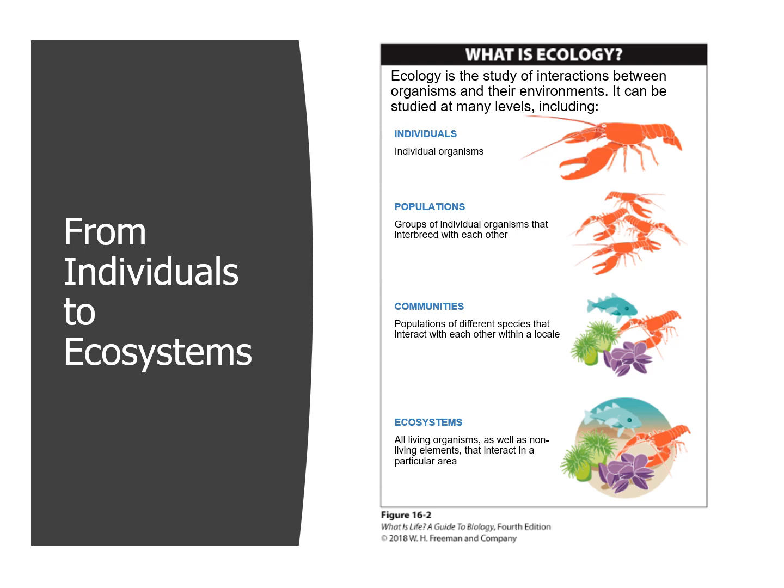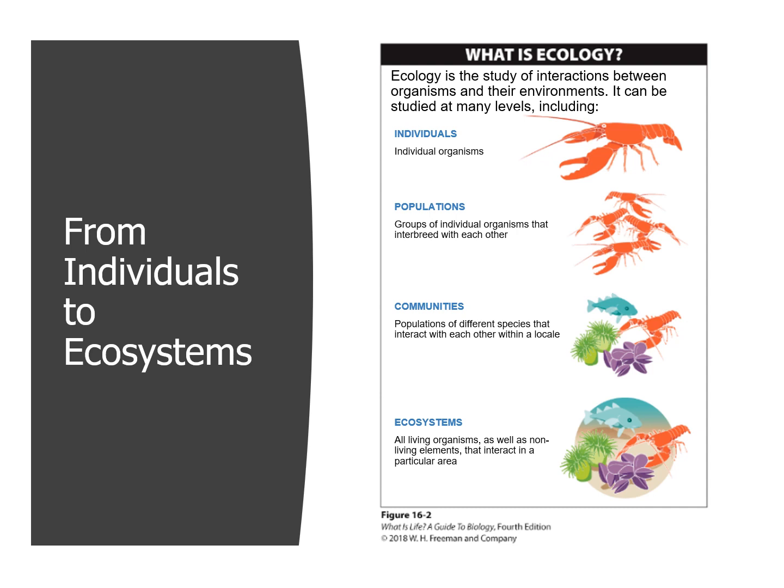So that starting scope is going to be an individual, so individual organisms. Then we kind of zoom out a bit into populations. And populations will be groups of individual organisms that interbreed with each other.